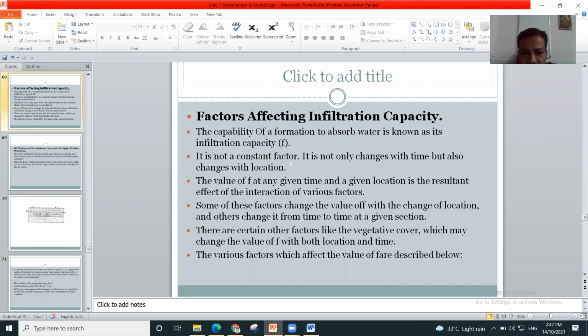This infiltration capacity is not a constant factor. It changes with time, depending upon the location and depending upon the type of soil. The infiltration capacity may be different.